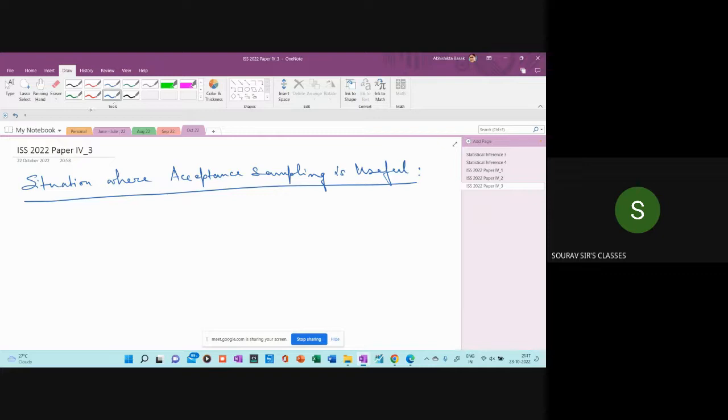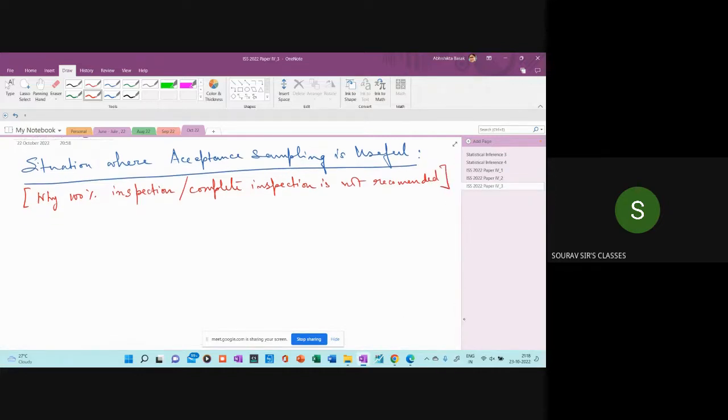We actually don't do this 100% inspection, and it is not at all recommended. So a parallel question can be asked: why is this 100% inspection not recommended? Basically, the producer may have an excellent quality history, and we do not need really 100% inspection.